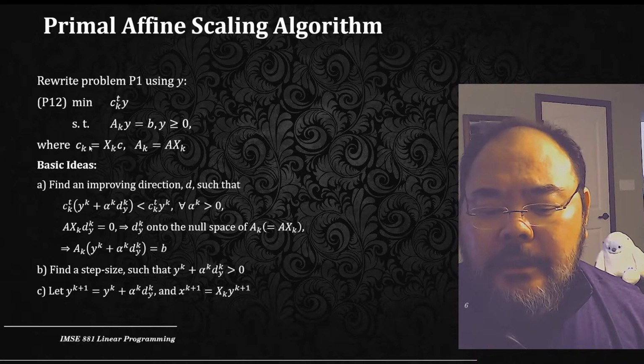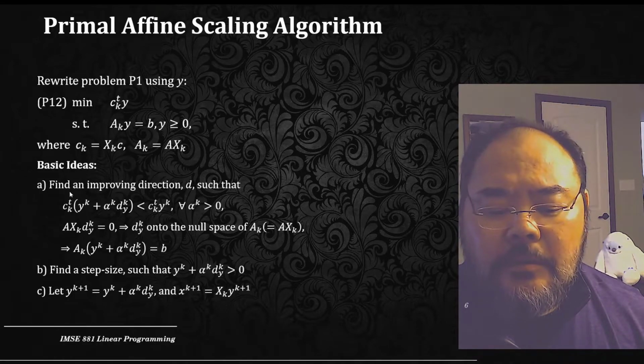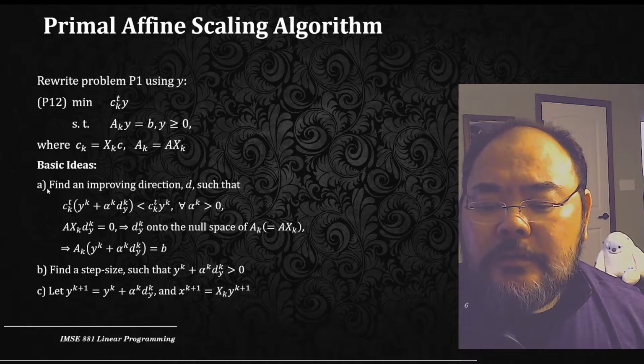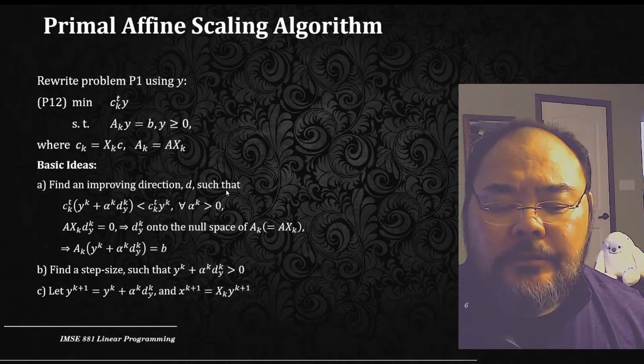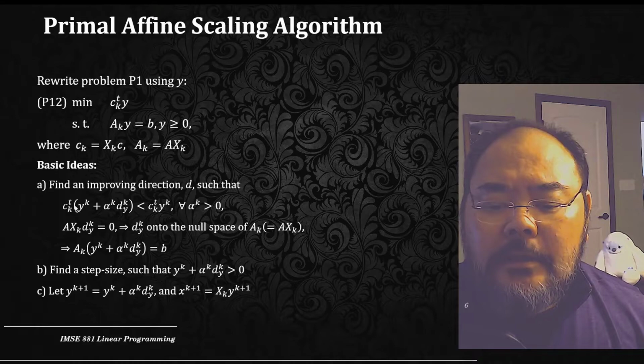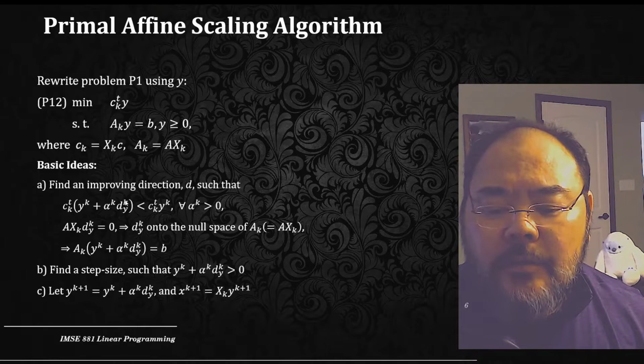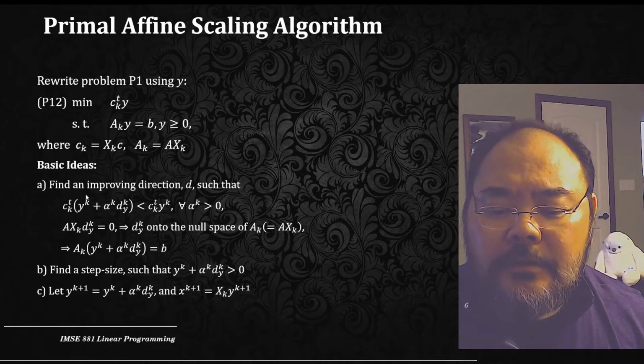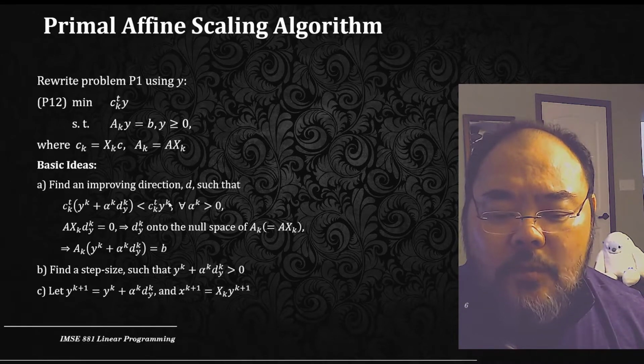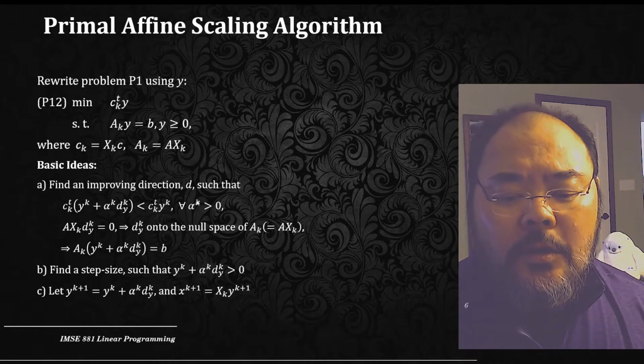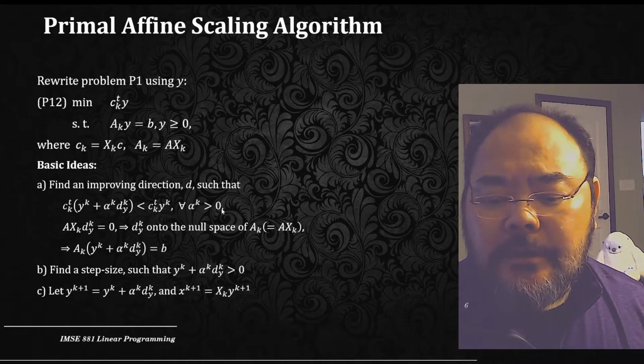The basic idea is only 3 steps, very simple. First, part A is finding an improved direction dy such that following the positive step of this direction leads to a lower objective function value. So the new ck transpose times yk plus 1 is always strictly less than ck transpose times the current yk, for any alpha k, which is a step size, greater than 0.